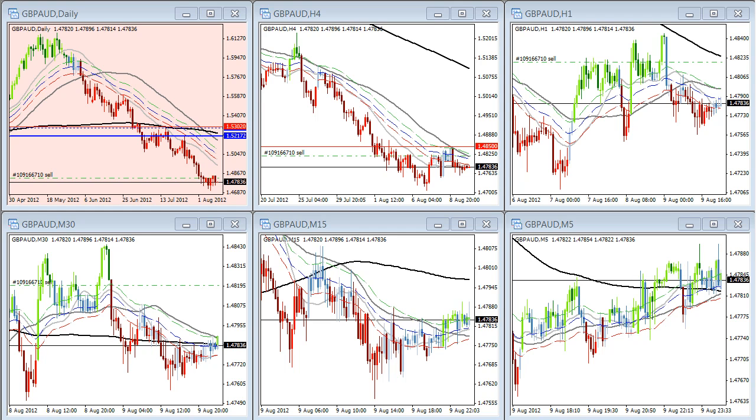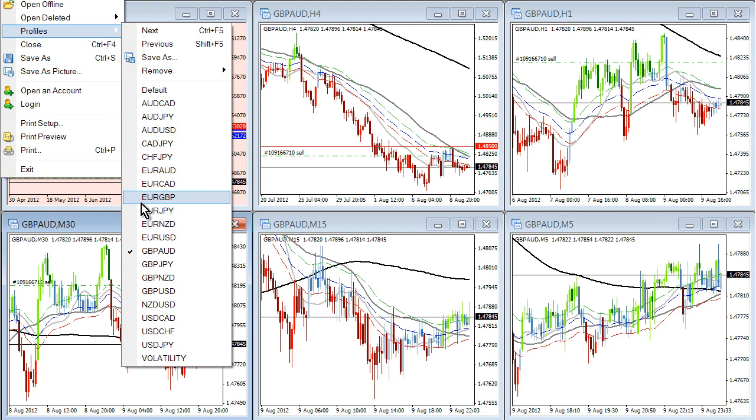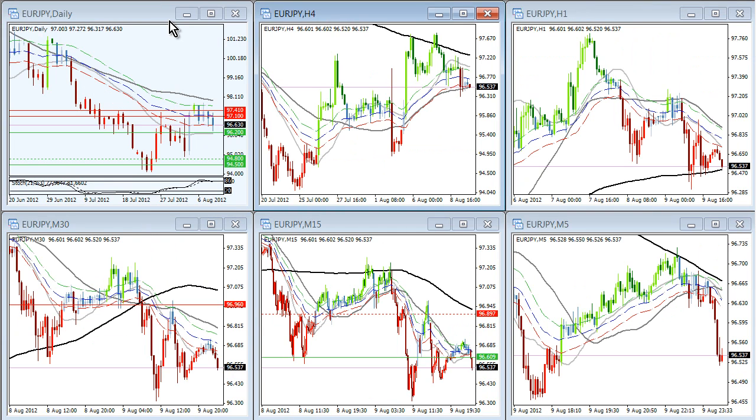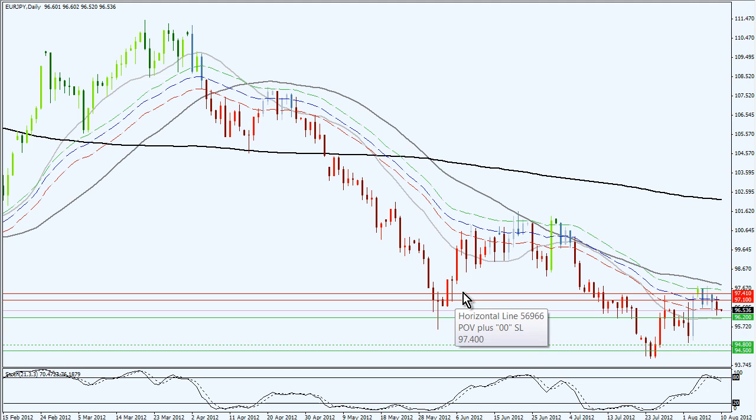So you'll notice that I am looking at the pound Aussie, but it doesn't matter what chart we're looking at. We can look at Euro Yen. Again, our conversation is primarily going to be about the daily.